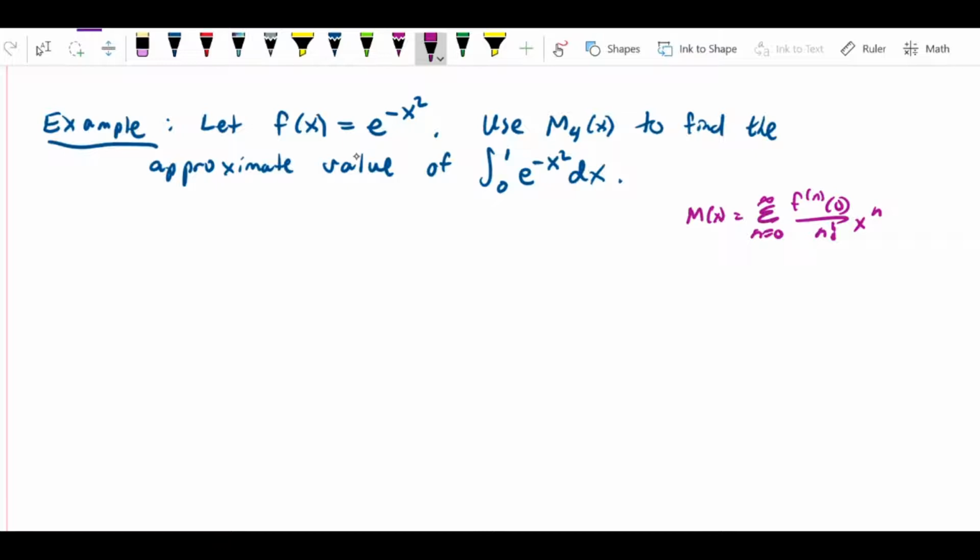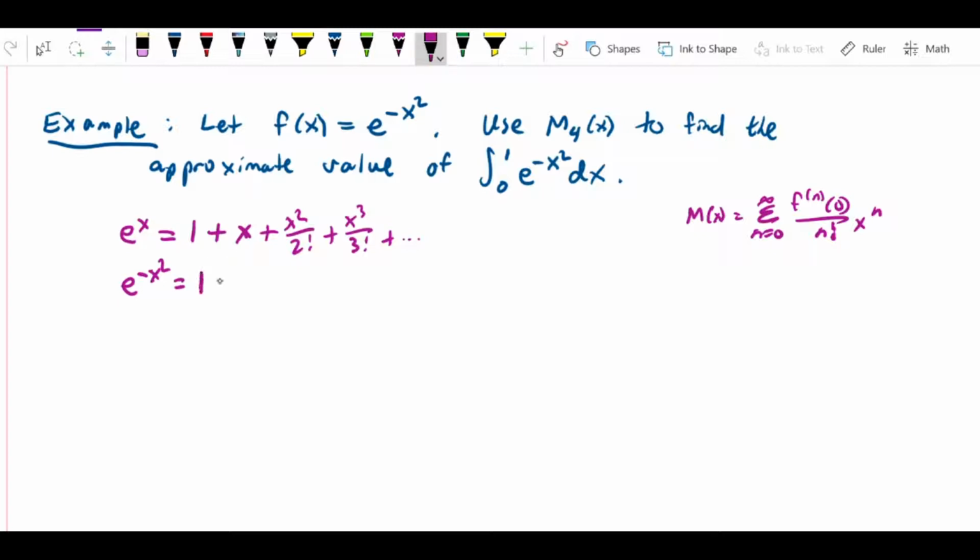So the thing to recognize is that e to the x, we all know this now because we just learned it in the last hour, is equal to 1 plus x plus x squared over 2 factorial plus x cubed over 3 factorial plus dot dot dot. So if I want to find e to the negative x squared, I can do this like a composite function. Every place I see x, I'll just replace it with negative x squared.